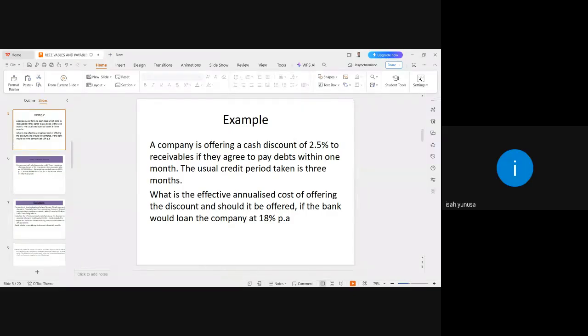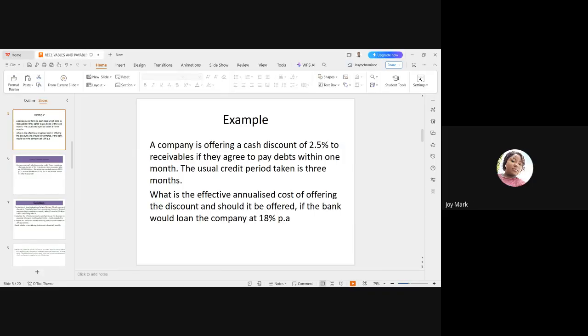For every 3 months you are paying within 1 month, you are saving how many months? 2 months. So within 12 months, how many months will you save? 8. 6 months.